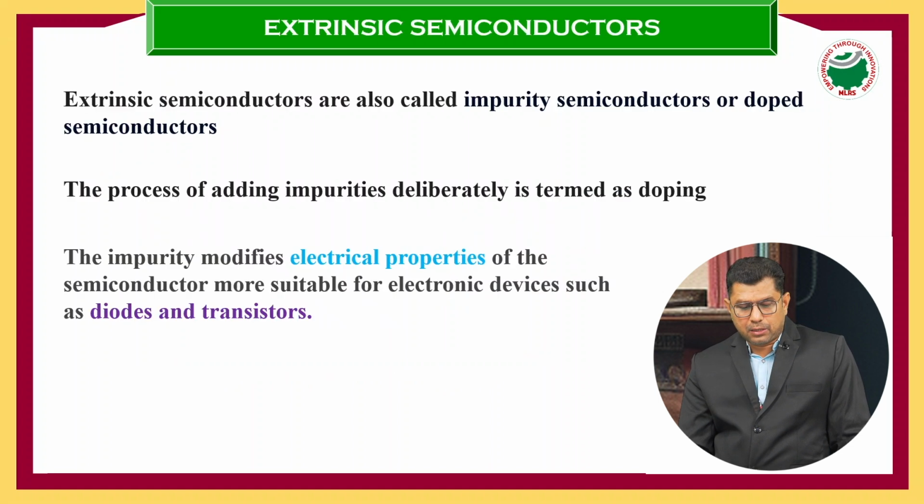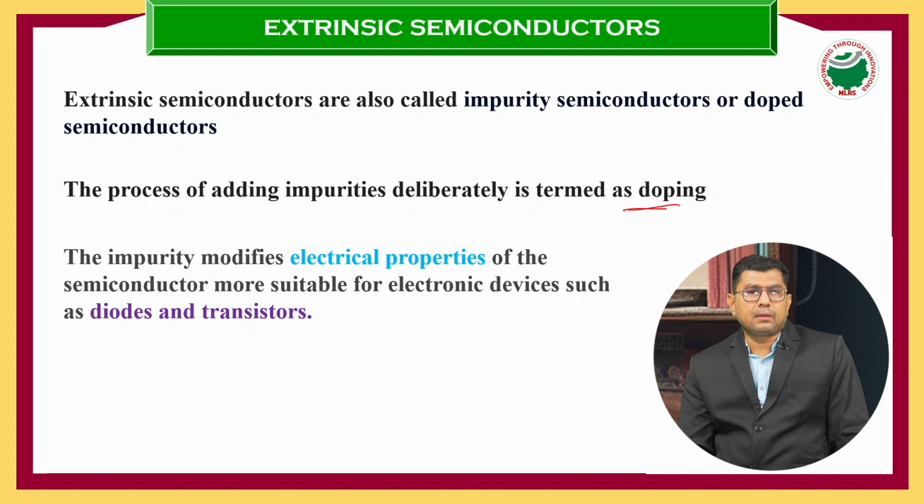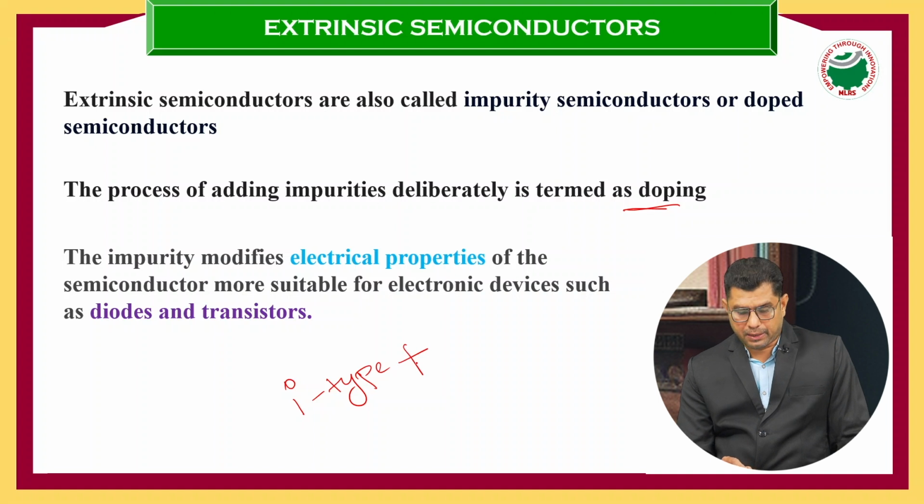So, in order to alter the properties of intrinsic semiconductors, we need to go for doping. What is doping? The process of adding impurities to intrinsic semiconductors. Intrinsic semiconductor plus impurities gives an extrinsic semiconductor.